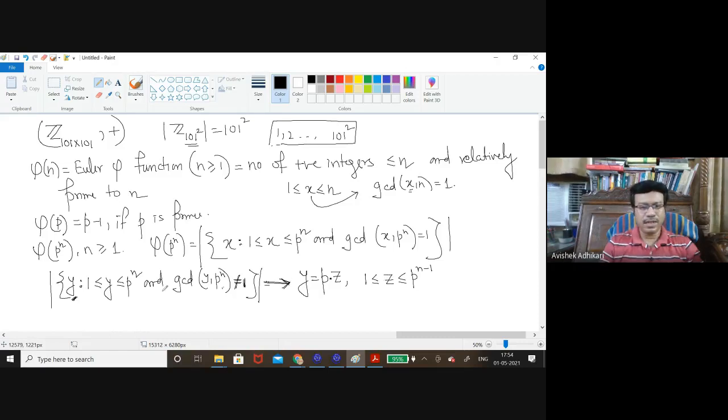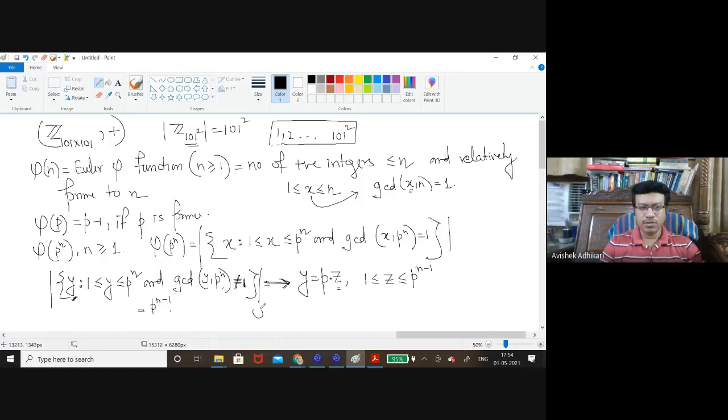So this cardinality depends on z. How many z do you get? You will get p to the power n minus 1 such z. So these are all the elements which are not relatively prime with p to the power n.